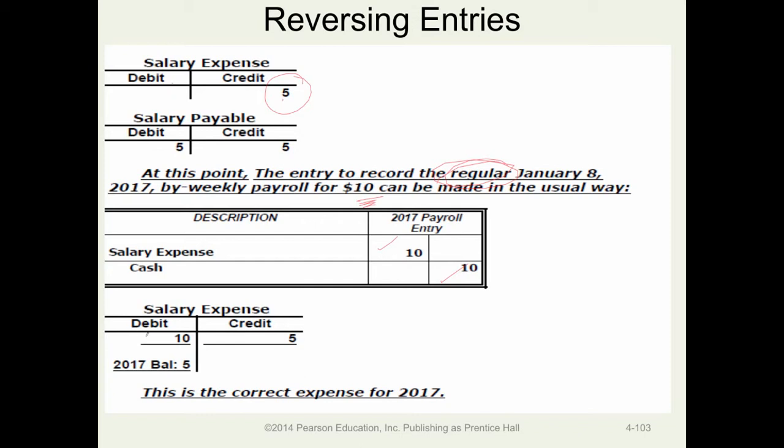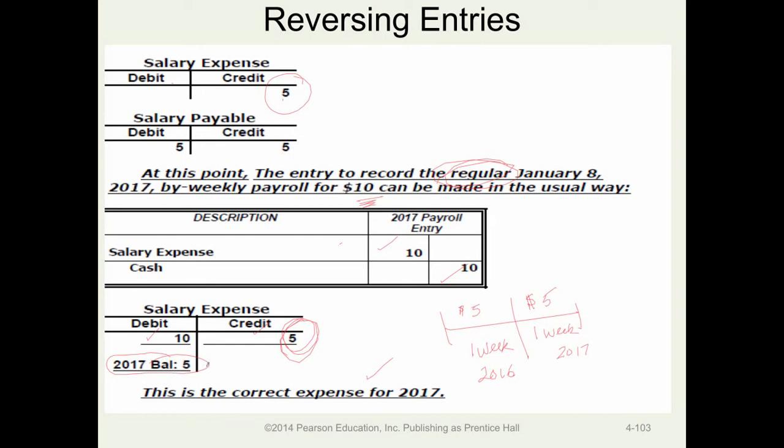What happens when you debit salary expense and credit cash for 10? The expense for 2017 is 5, and that's the correct amount. Because don't forget, you have 1 week in 2016. You've already accrued that expense, and you have 1 week in 2017. Now, even though that's for 5, even though this says you're expensing the salary for $10, remember, you have that balance, the credit of 5.